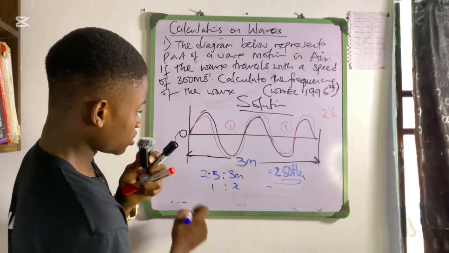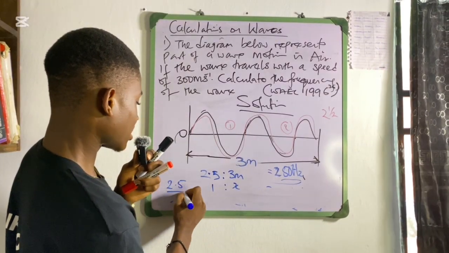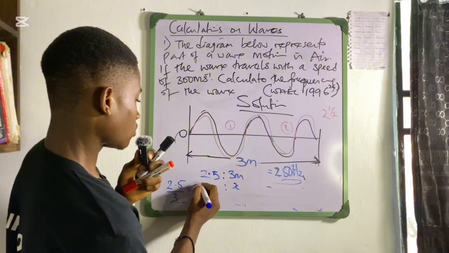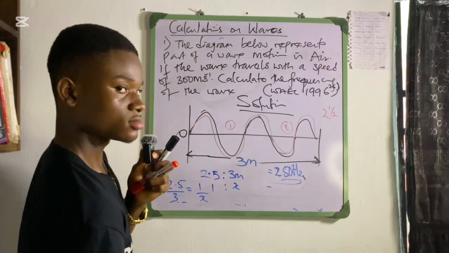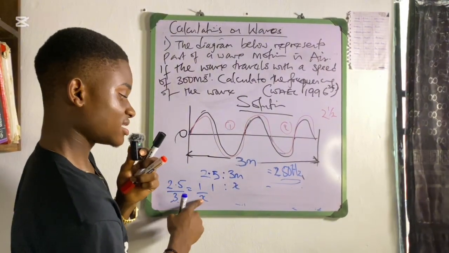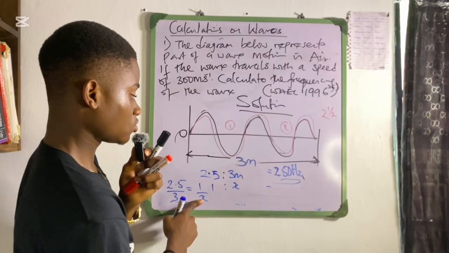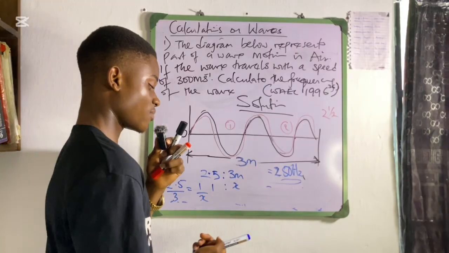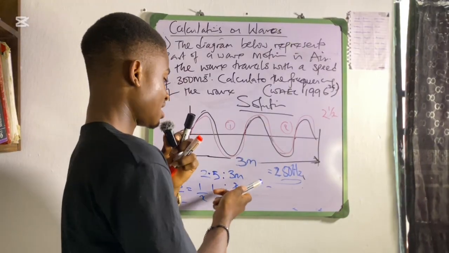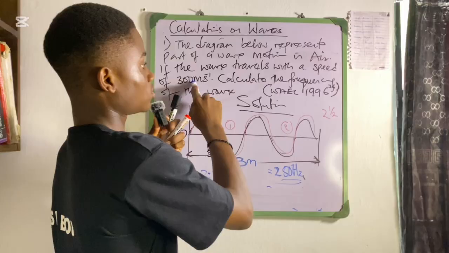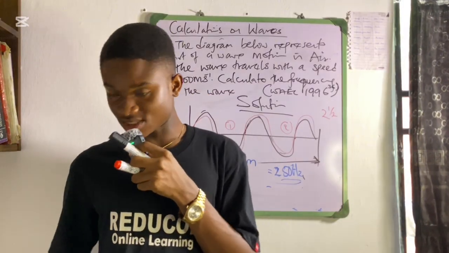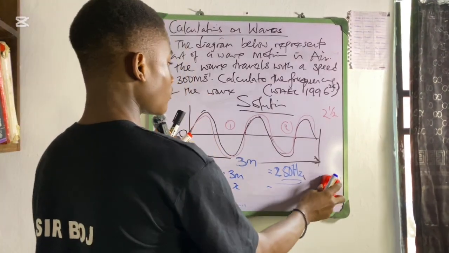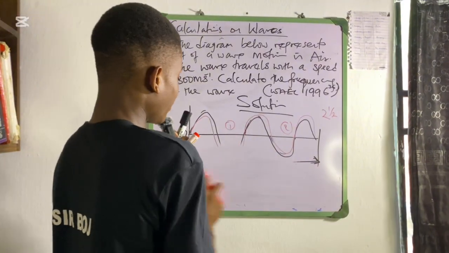So we have 2.5 over 3 equal to 1 over x. The same thing that we did, we can still get x to be 1.2. Instead of using the proportion method, we can use basic ratio, get the value of x, and then use it to compute with the wave speed. I hope this was very clear.